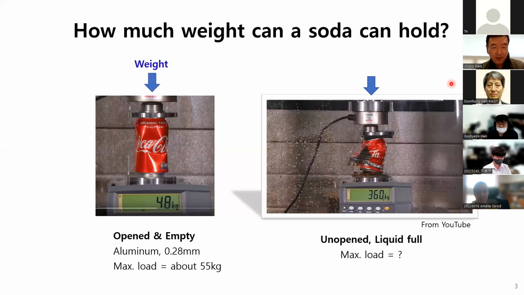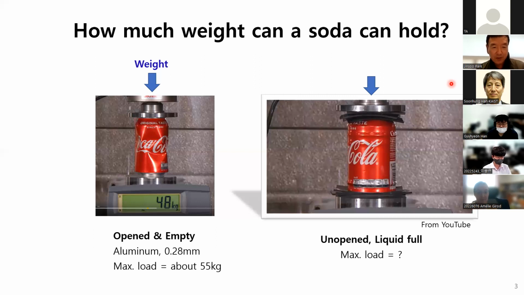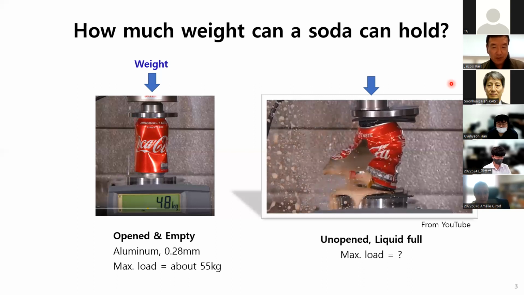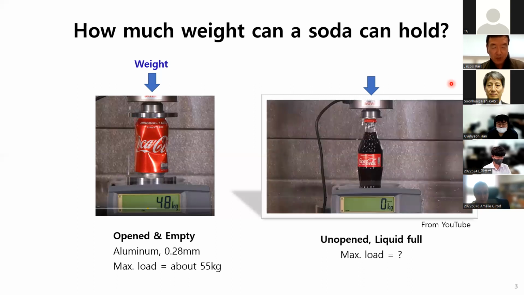Yeah, that was really nice. And it failed really slowly at first before exploding. How much load? It went up to 360, about 7 times stronger than the left one.